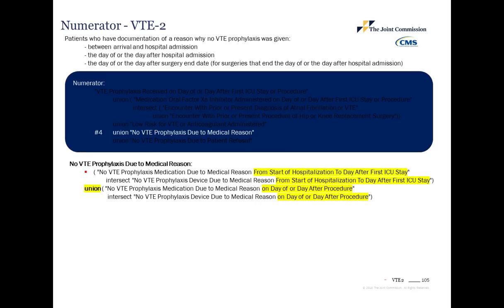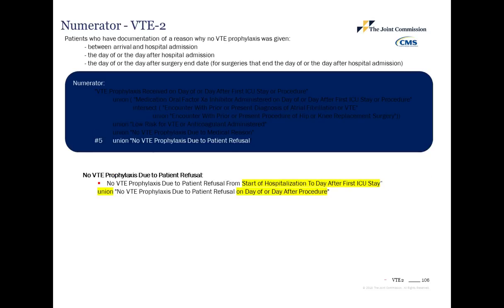Or both of them should occur on the day of or day after procedure. As you can see, we continue to repeat that same timing condition within VTE-2. All right, so in the last numerator condition, we use the same timing conditions again, but here we're looking for a patient refusal reason for either medication not done or device not done.